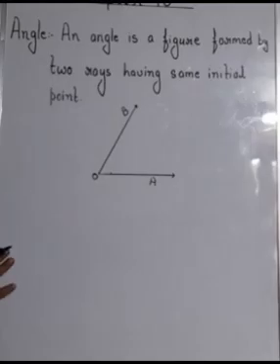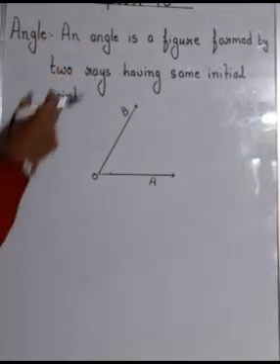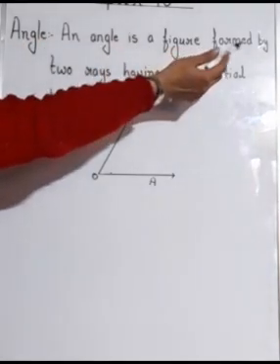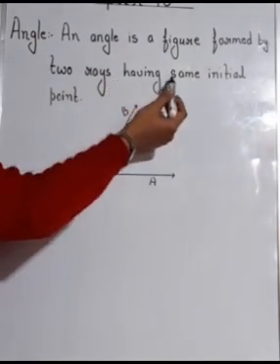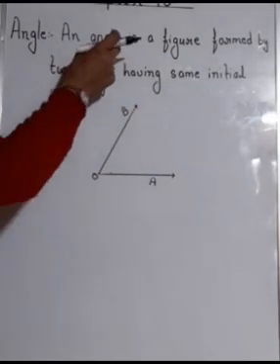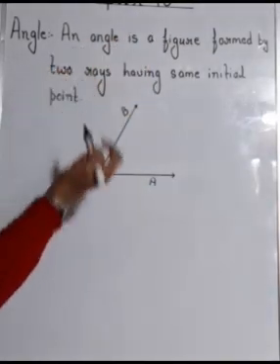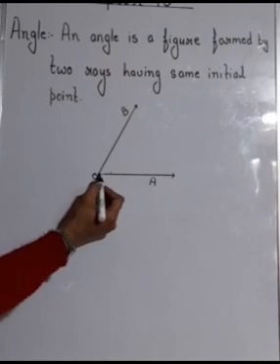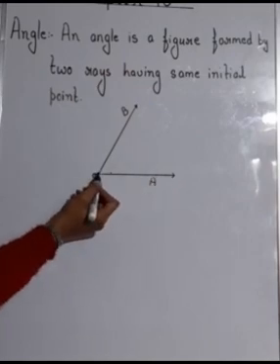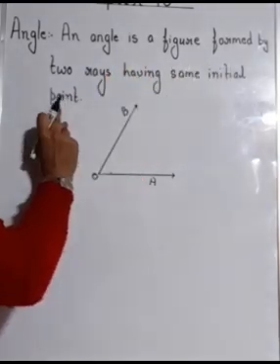Clear? So class, next we have your angle. Now what is an angle? An angle is a figure formed by two rays having the same initial point. I have drawn two rays over here. One is OA and another one is OB, having the same initial point.